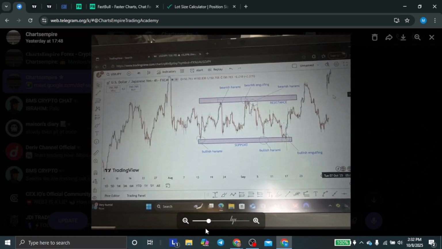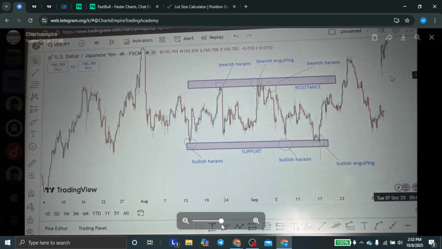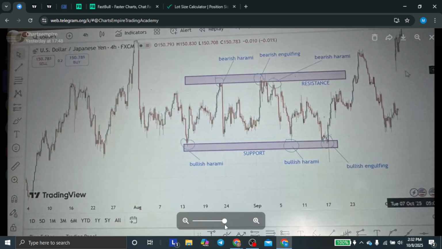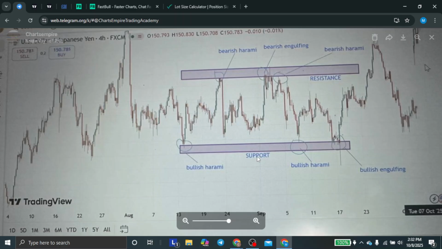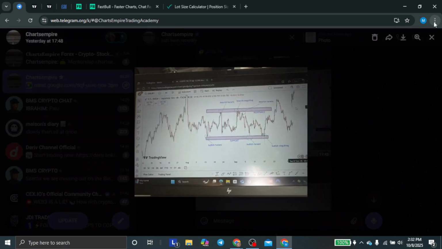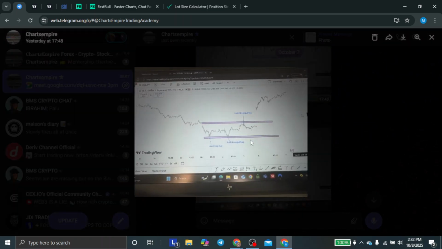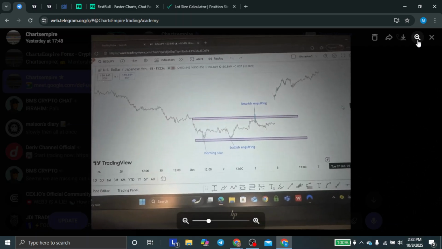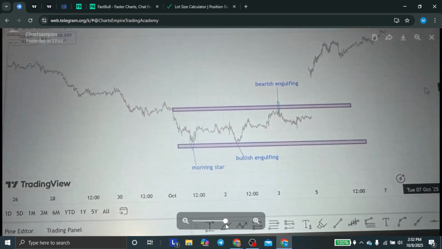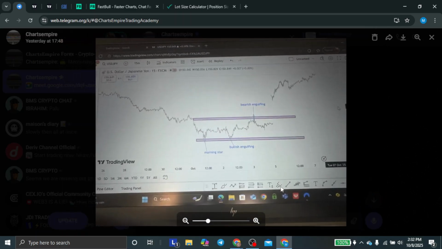Okay, this one I told you to look for candles that are about at support: bullish harami, bullish engulfing, bearish harami. So the assignment you'll be doing today is to submit to the next class these major levels and minor levels.